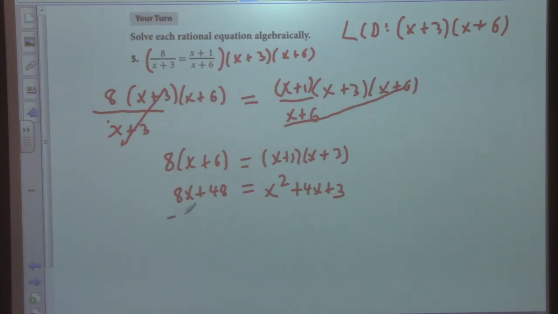If we remember, Ben said a little while ago that factoring is a way of solving equations. Well, it's a technique within algebraic solving, because we have 0 is equal to x squared minus 4x minus 45, and what's that going to be?